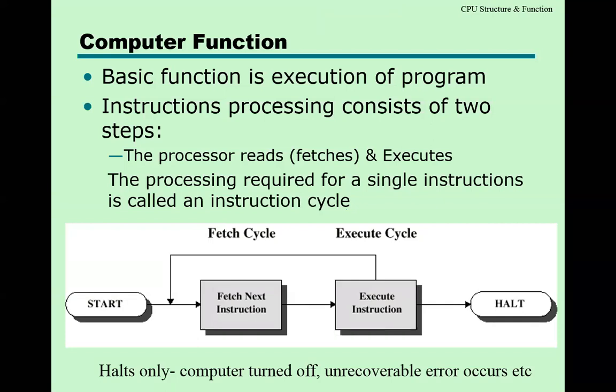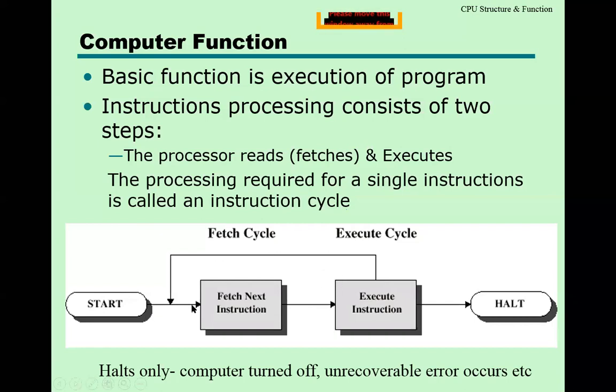So if you want to execute one instruction, the first step is to fetch the instruction. After fetching the instruction, we have to execute the instruction. So there is a fetch cycle and an execute cycle. Many times, whatever the result is, we have to provide it to the next instruction.